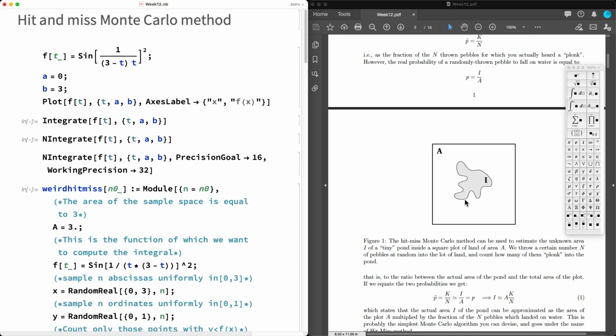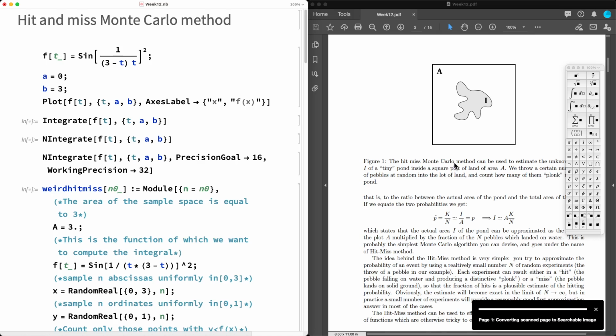And then if we divide the number of pebbles that fell inside the pond by the total number of pebbles, we get the area of the pond, assuming the area of the square is 1. So this is the formula we will use to calculate this integral.